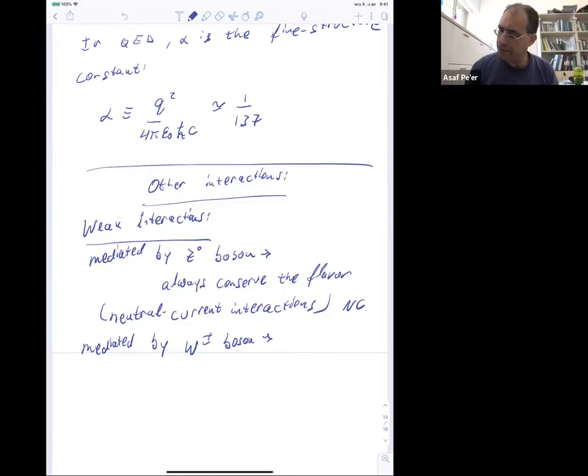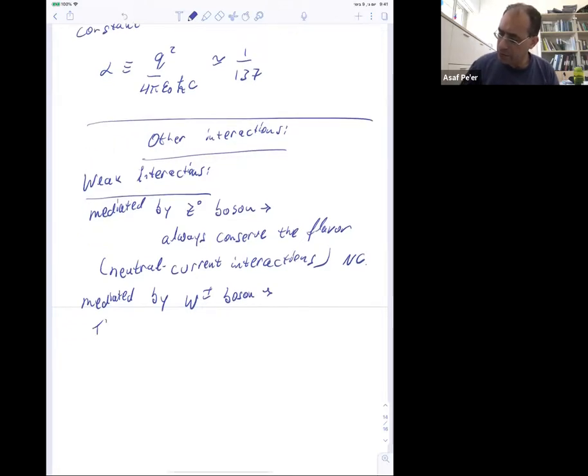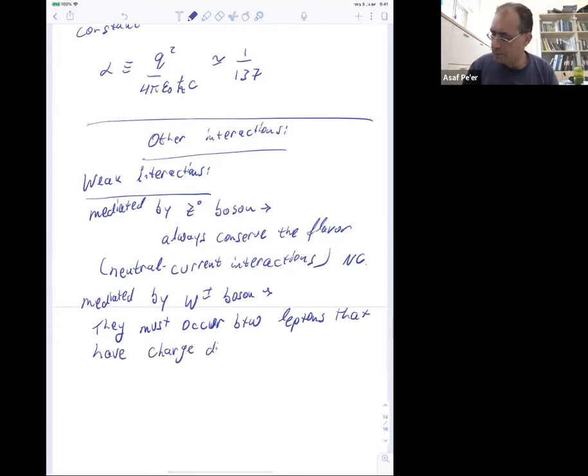So they must occur between leptons that have a charge difference of 1.